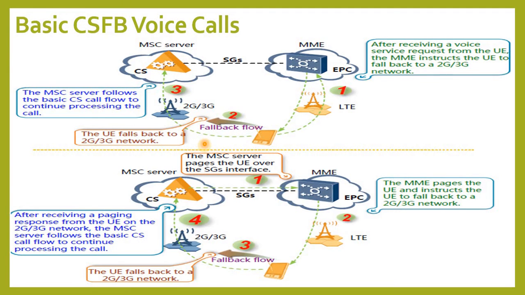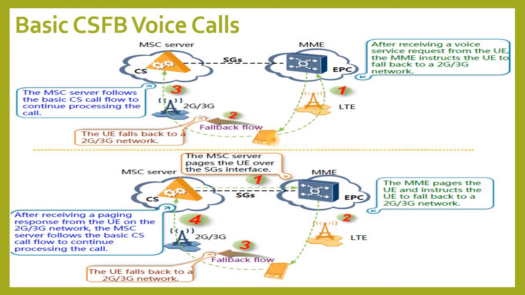Fallback as a whole is a process in which the subscriber or the UE falls back from the 4G network to the legacy 2G and 3G network. And once the subscriber falls back to the 2G and 3G network, the MSC server follows the basic CS call flow to continue processing the call, which we are already well aware of. So this is the process of a mobile originating call.